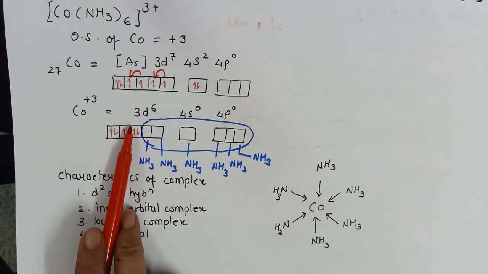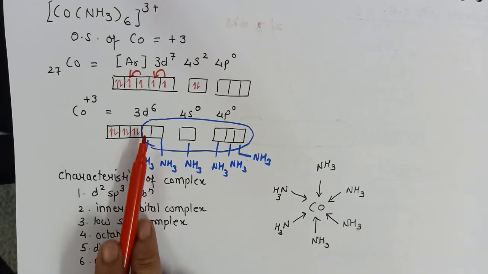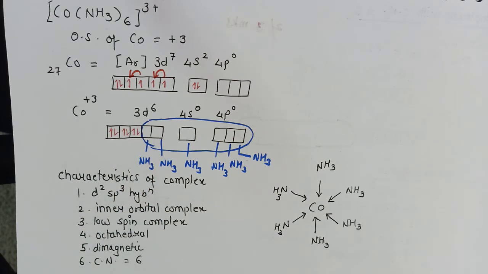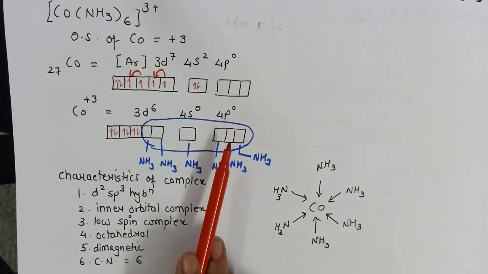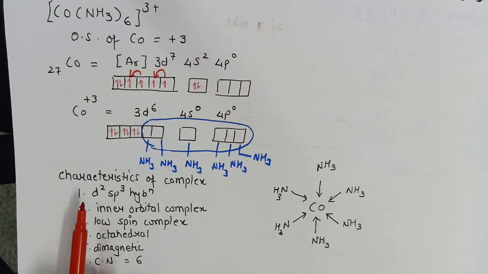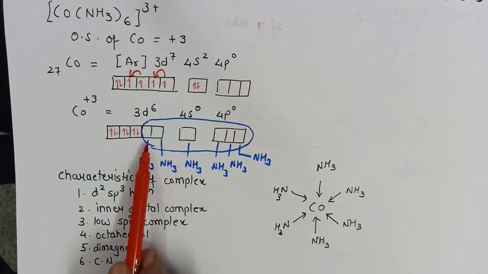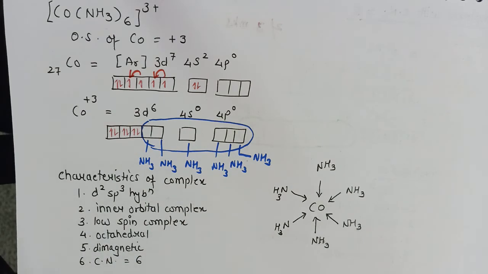And therefore, you get 3d6 configuration. As a result, these two orbitals are now available for hybridization. So, these two, the 4s and 3 of 4p, will be used for hybridization, giving us d2sp3 hybridization, each one getting a lone pair from ammonia. So since inner d orbital is used for hybridization, we'll call it an inner orbital complex.